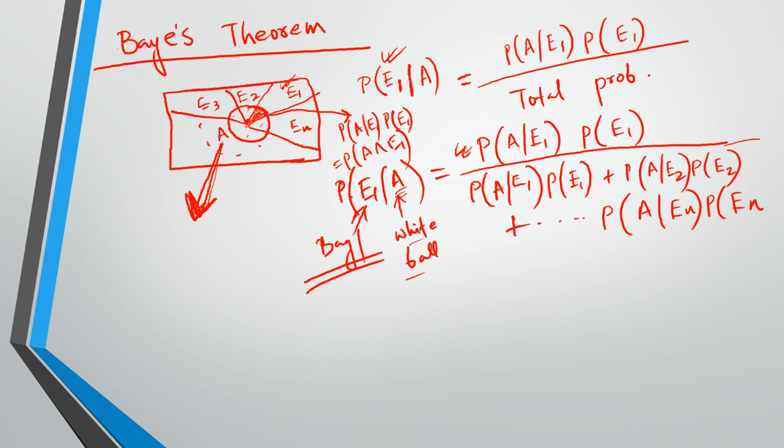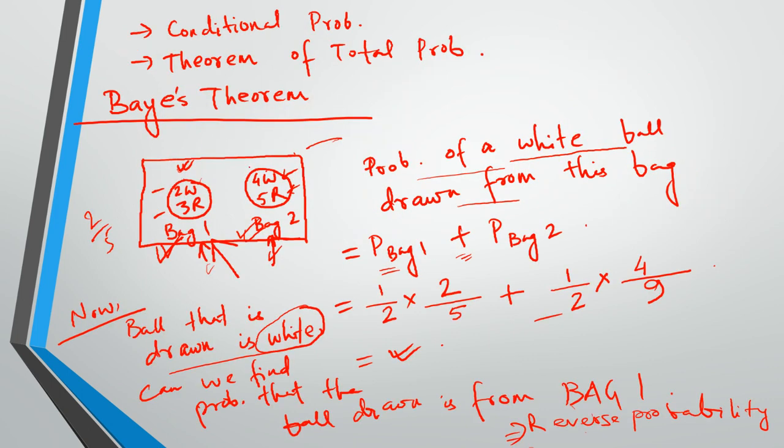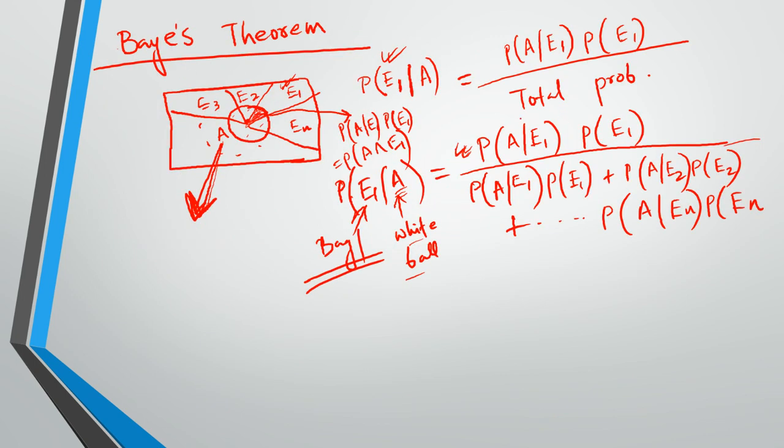Also, you know the probability of bag 1. If there are two bags, the probability that I will choose bag 1 is half. And if it's bag 1, the probability of a white ball is 2 by 5. So all these probabilities we already know. From these probabilities we can find the probability that A has come from this E1 space.